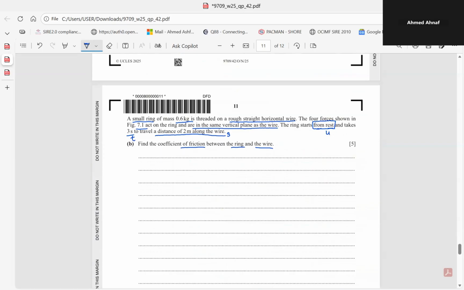The four forces act on the ring and are in the same vertical plane.